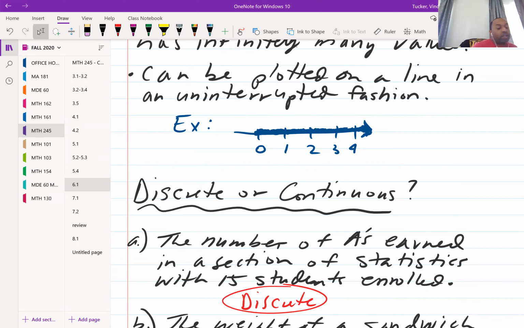That would be discrete. So either 5 people earned an A, 7 people earned an A, maybe only one person earned an A. Whatever that number is, it is countable. There's no such thing as 1.3 of a person made an A. It's just one person made an A or 2 people made an A.